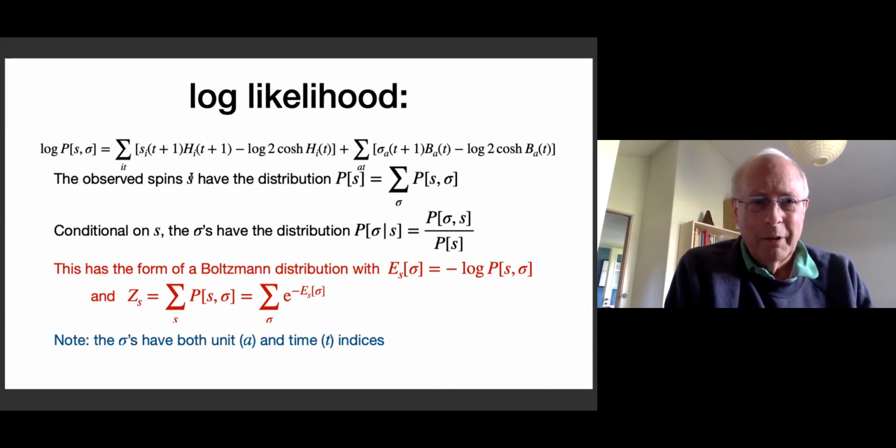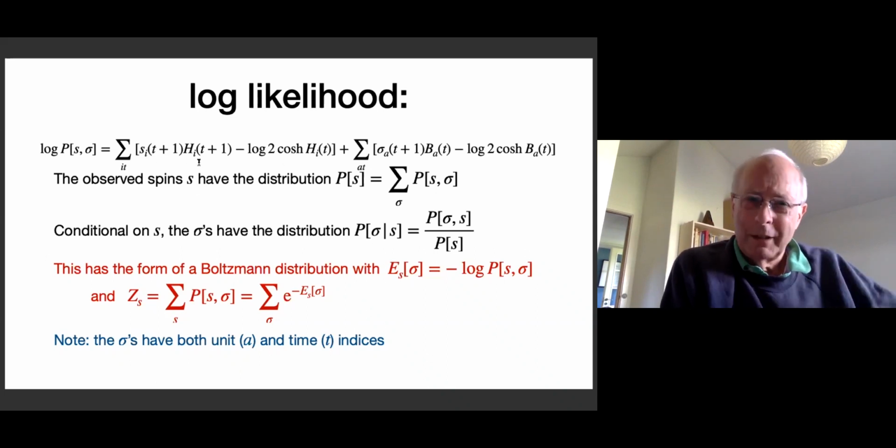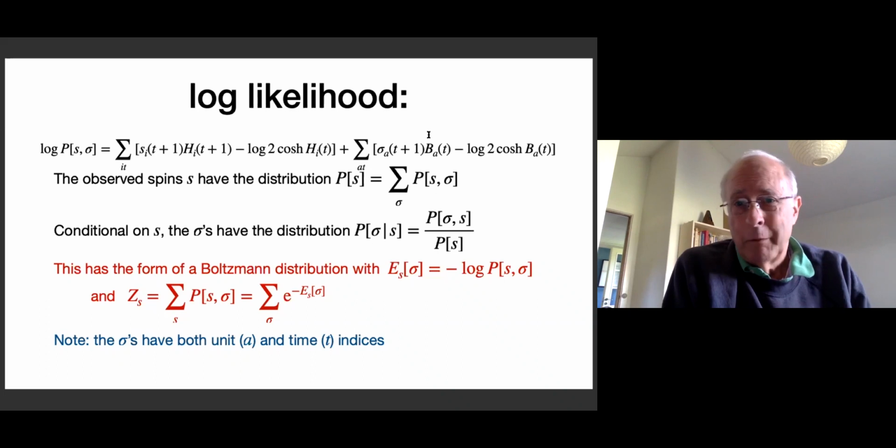So, for example, the first term here, we understood what that was, thinking even of a single spin. And now we've just added a term like it for the hidden ones. And of course, this looks trivial, but the connection is that the sigmas occur both in the H's and the B's. So it's a non-trivial problem.